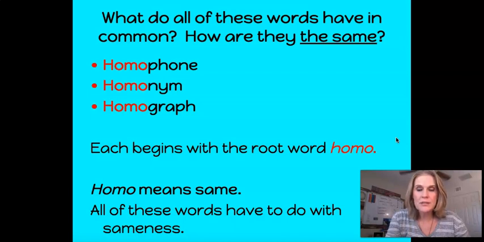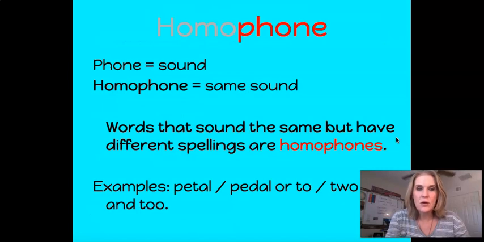Remember, you can pause, stop, rewind as needed, right? Here we go. We're going to continue on. So, homophone. Well, think about it, when you're on the phone, you can hear sound, but you can't see anything. So, phone means sound. Homophone means the same sound.